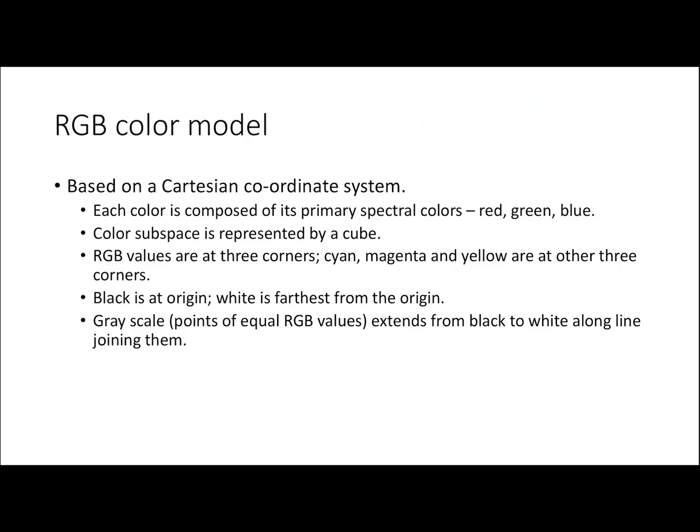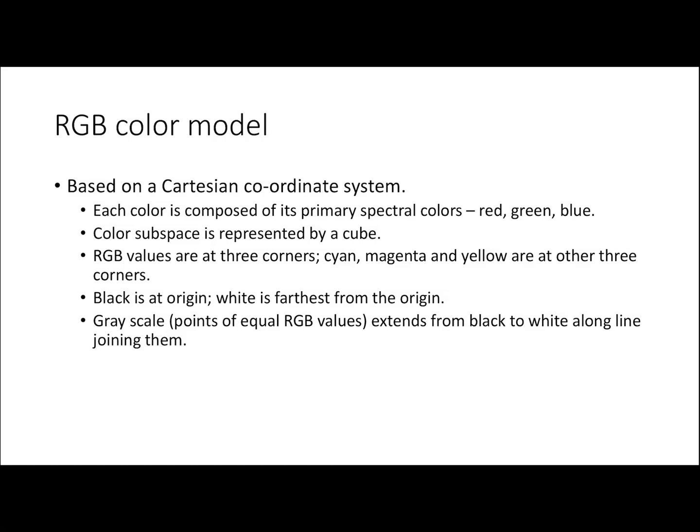As we have said, in the case of RGB, a color image is represented by three primary colors, and these primary components are red, green and blue. These are the three color components which, when mixed in appropriate proportion, generate all possible colors.